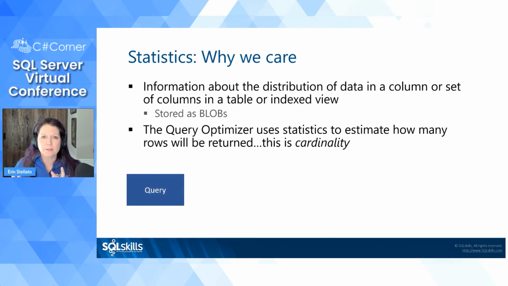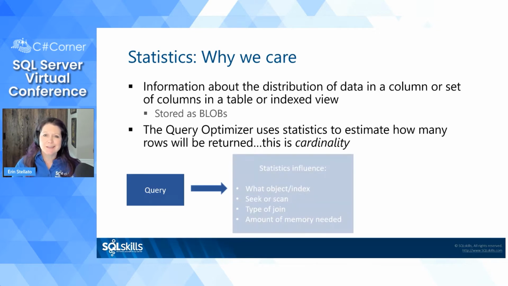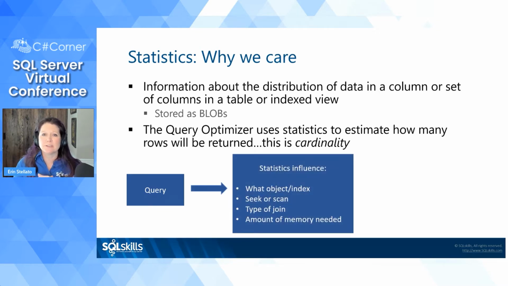So pictorially, if you want to think about how we look at this, you submit a query to SQL Server, and it then goes to the query optimizer, which uses statistics to say, what is the object that we're going to access? Are we accessing a table? Are we accessing an index? Are we doing a seek or scan of that index? How are we joining to other tables? How much memory do we need?